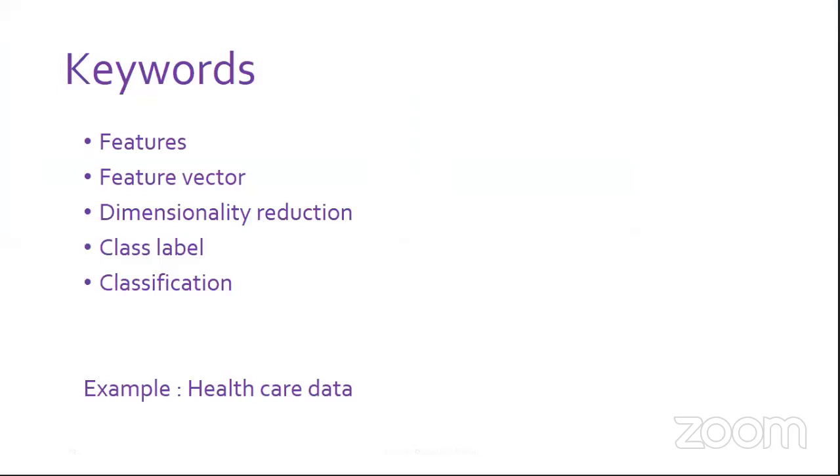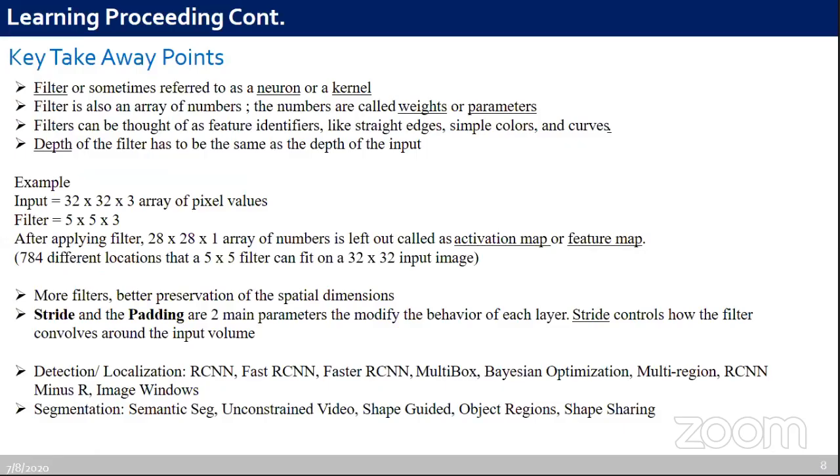So these are the keywords that we have already concluded: features, feature vector, dimensionality reduction, class label, and classification. Now, when it comes to deep learning, these are the key takeaway points that all of us should understand. The first one is something called a filter. So what is a filter? A filter is generally called a neuron. A filter is also called a kernel.